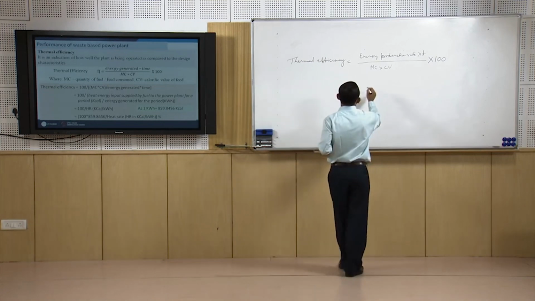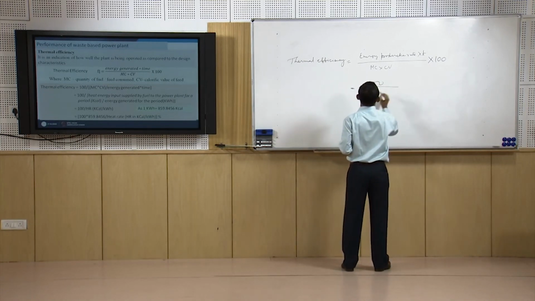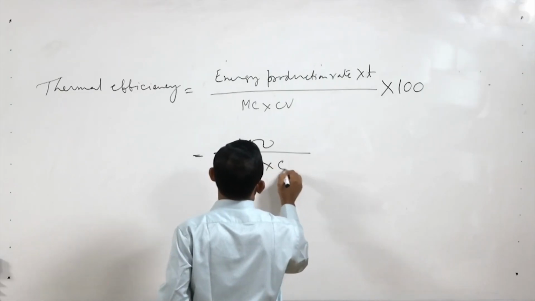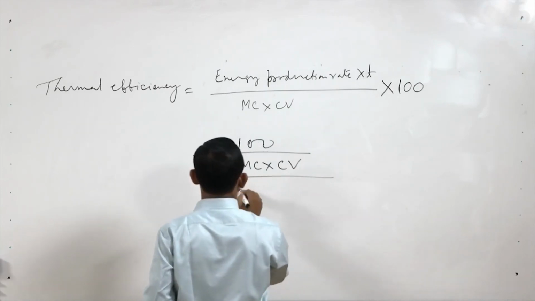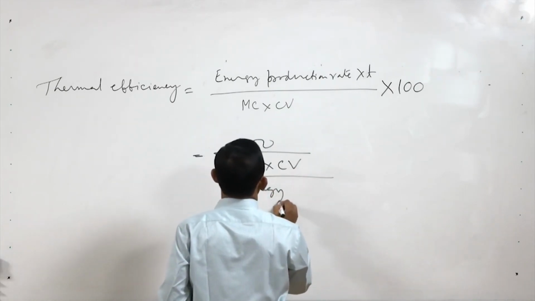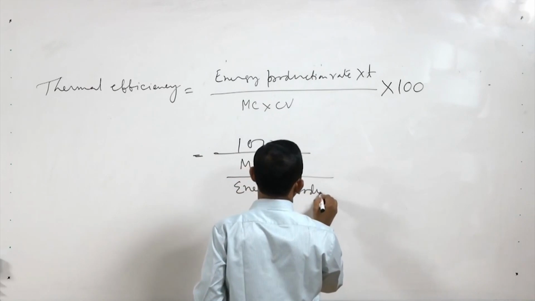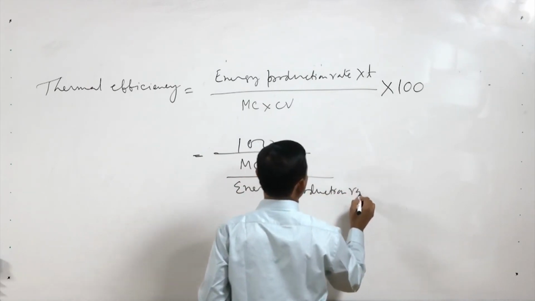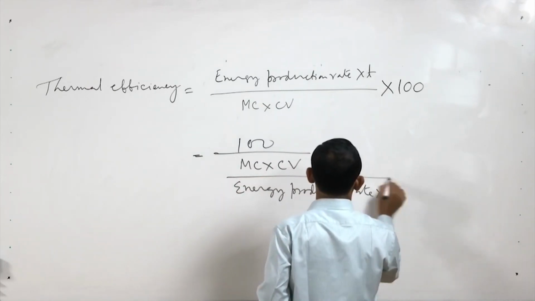So, this is equal to 100 divided by MC into CV divided by energy production rate into time.